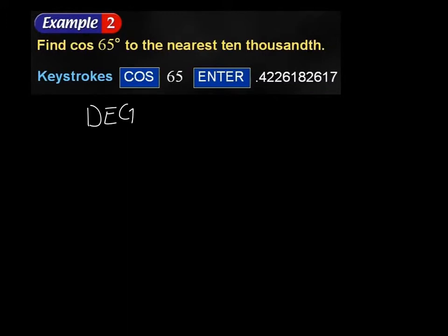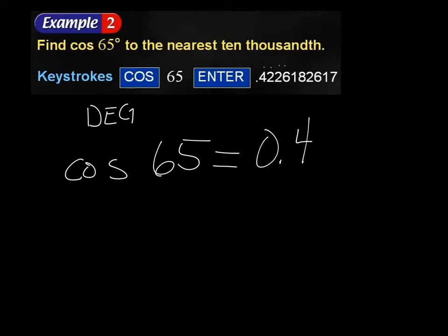We can actually just hit the cosine button, which is kind of in the middle of your calculator, above the 8, and then type in 65 and hit enter. Out pops the whole thing, but they said to round to the nearest ten-thousandth, so there are going to be 4 places after the decimal, so it's going to be 0.4226.